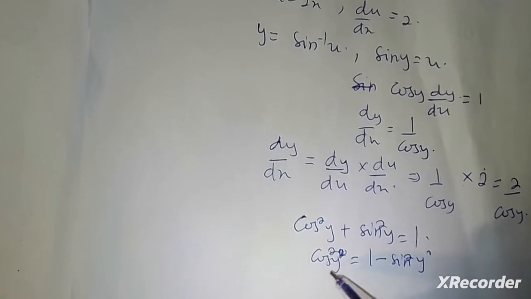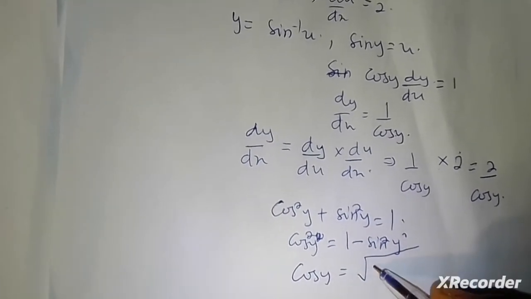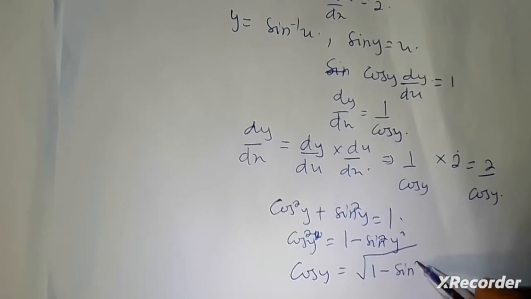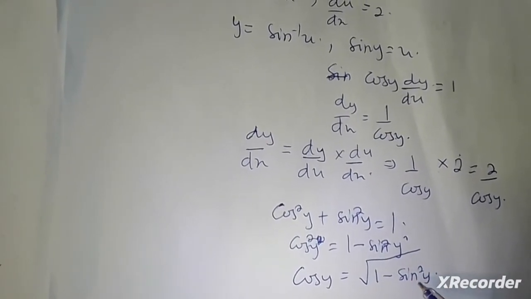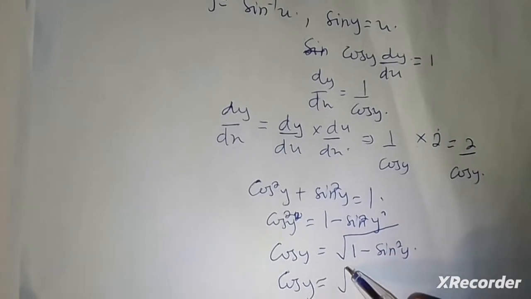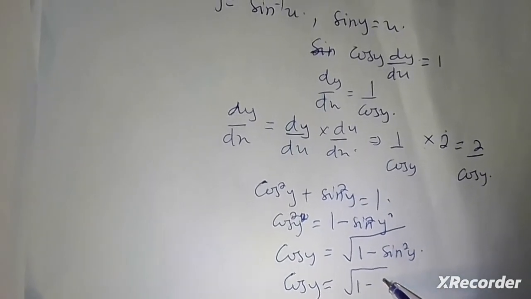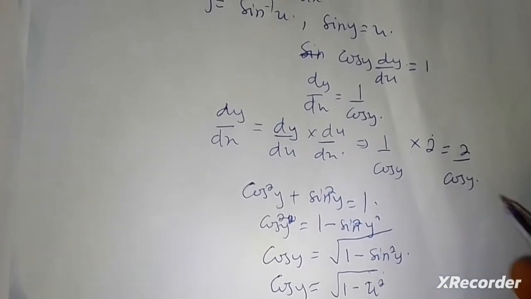So I'll take square roots and I'll have cos y equal to the square root of 1 minus sine squared y. But we know that sine y is u here, so I'll represent the sine y with u, and I'll have my cos y equal to the square root of 1 minus u squared.